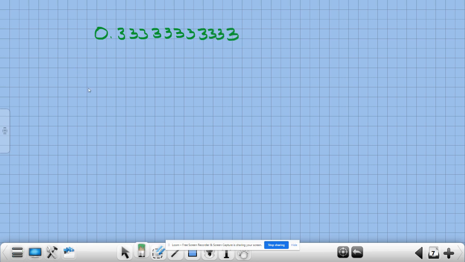So 1 divided by 3 would give us 0.33333, and of course we can simplify that to 0.3 with a dot above to show it's recurring.